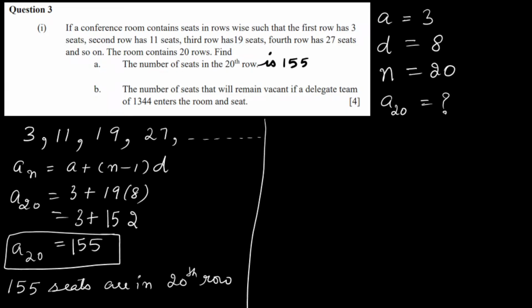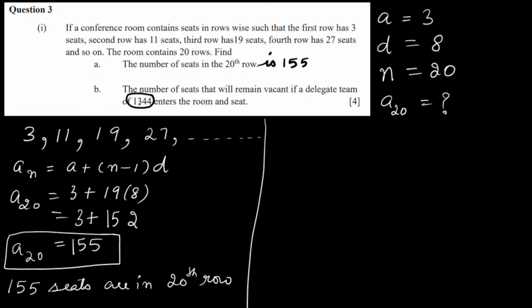Yes, so now the B part. In the B part, what we have to find is the number of seats that will remain vacant. So now we know that these many seats are there. If these many people are going to enter the room and sit, how many seats will be vacant?